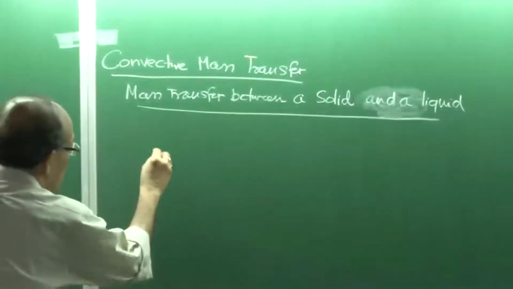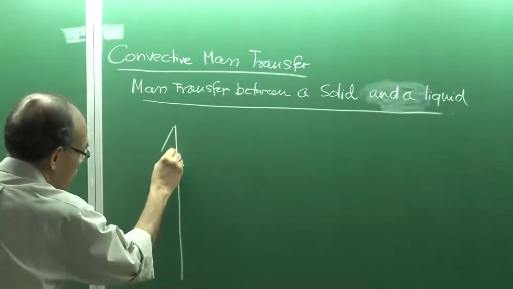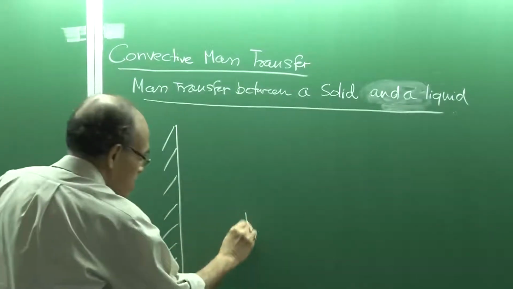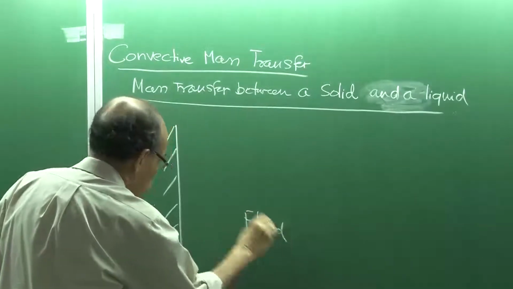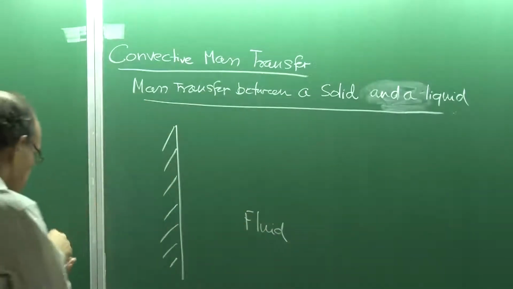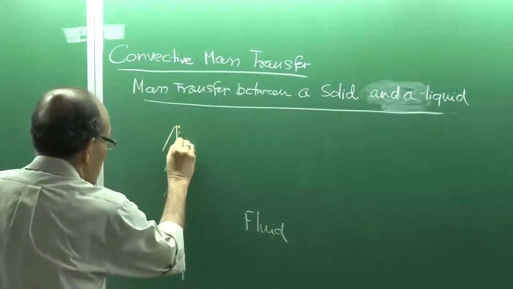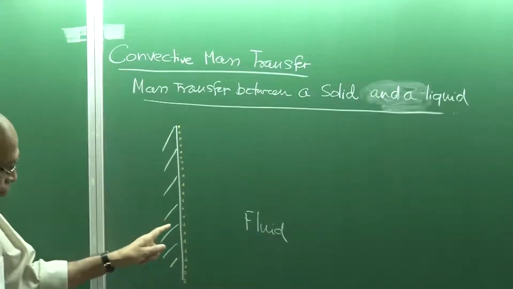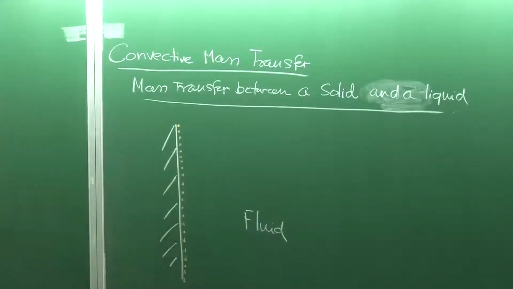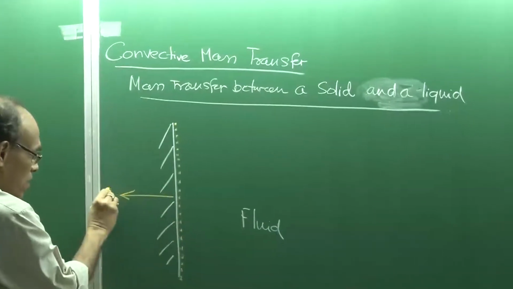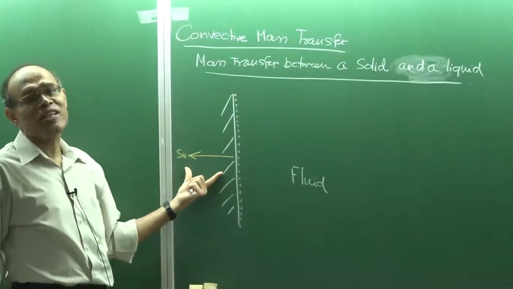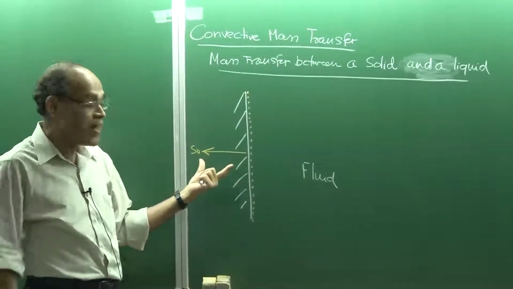And the first thing to discuss is that we have the solid, and this is the fluid phase, and this represents the interface, okay? And there is an interface here. So this part we have already addressed, that if this is the solid and this is the interface, within the solid the mechanism of mass transport is diffusion, and that we have covered extensively, nothing needs to be said.